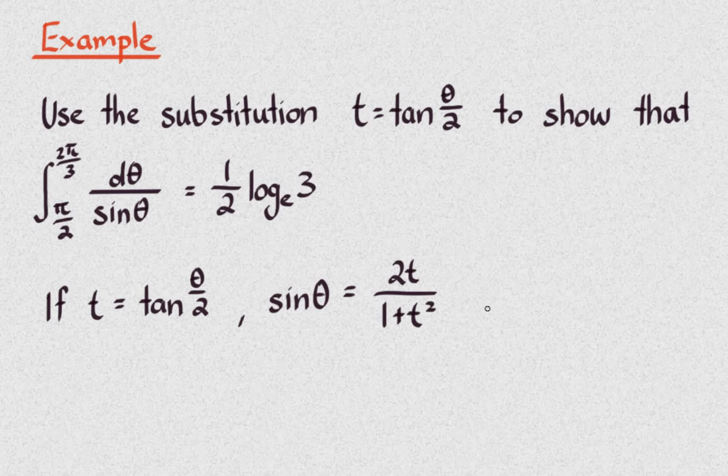And we also know the link between d theta and dt. D theta is equal to 2 over 1 plus t squared dt. Now, because this is a definite integral, we also need to adjust our lower bound and upper bound.